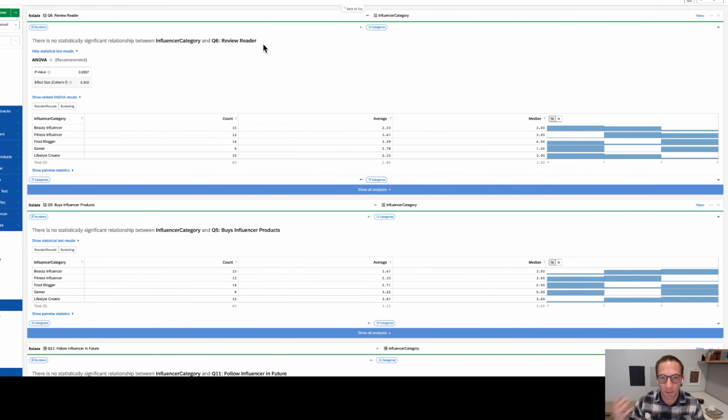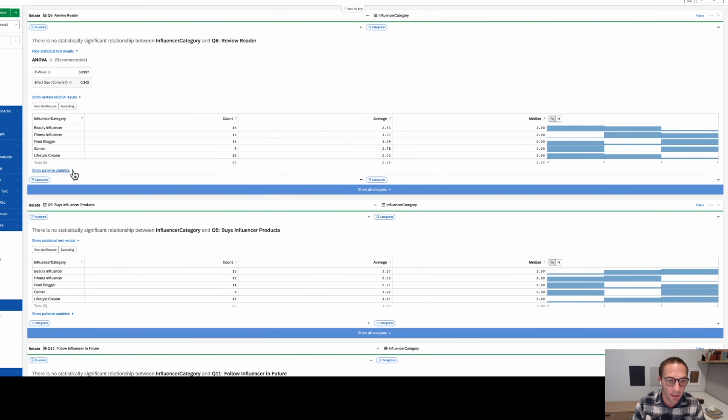But we would want to pay attention to something that has a p-value of 0.057. That would be marginally significant. It may not be statistically significant, but it's getting really close, and that's something we would want to pay attention to. So in this case, this is marginally significant. So there's something going on here, at least marginally.